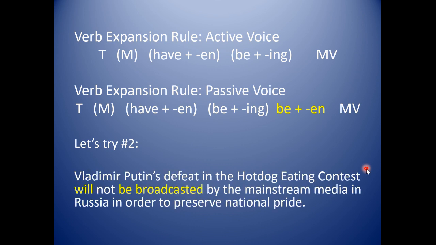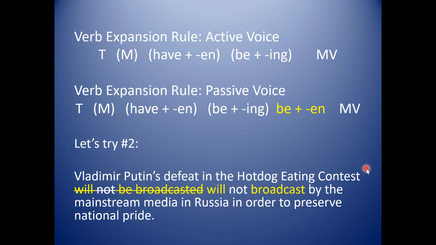Let's try another one. Vladimir Putin's defeat in the hot dog eating contest will not be broadcasted by the mainstream media in Russia in order to preserve national pride. Let's take will be broadcasted and change that into active voice. So let's go from 3 words to 2 words, and that'll change into will broadcast, or in this case, will not broadcast. And now think about the switcheroo.